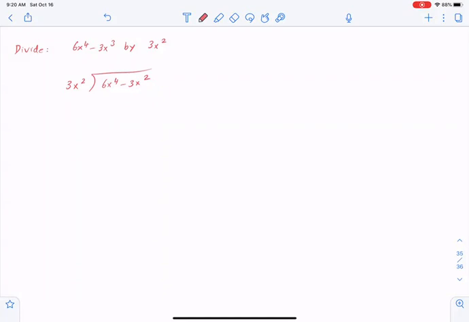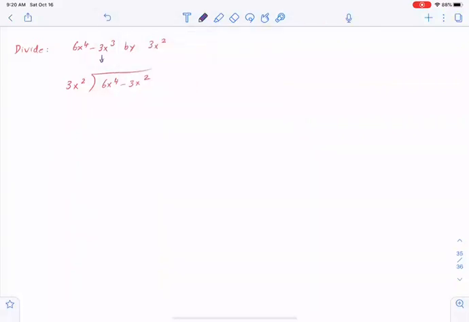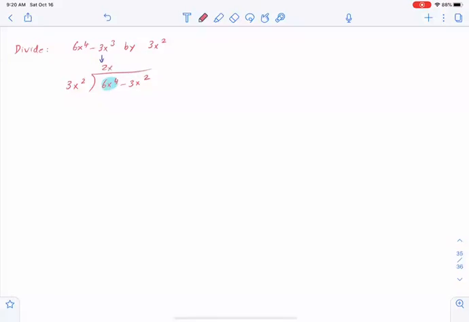So I have to multiply 3x squared by an expression here so that I get 6x to the 4th. So if I put 2x squared, 3x squared times 2x squared is 6x to the 4th.